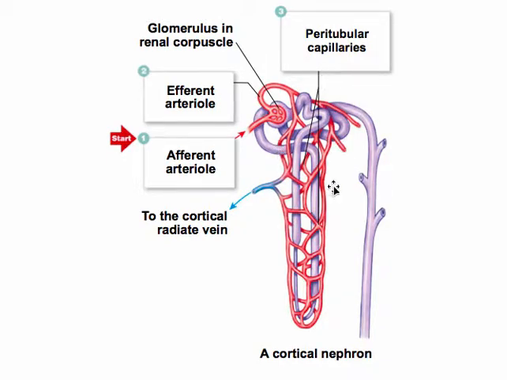Here we have the same type of picture. You can see this is a cortical nephron. We have peritubular capillaries surrounding it. And this is a good picture to be reminded when we have reabsorption, we're taking particles from the filtrate that the body wants to reclaim and take back, like nutrients, certain electrolytes, and water.